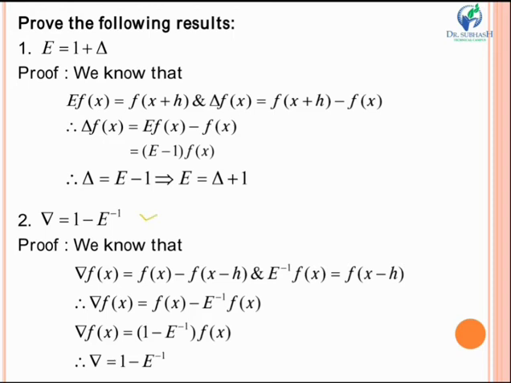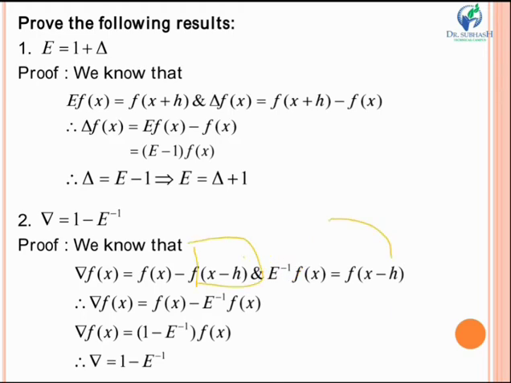Nabla equal to 1 minus E inverse. Now the formula for nabla is nabla f(x) equal to f(x) minus f(x - h), right? Now see, if we are writing E raised to n equal to f(x + nh), then E raised to minus n can be written as f(x - nh). So here we are having inverse over here. So you can write E inverse f(x) equal to f(x - h). Now see, here we are having f(x - h).